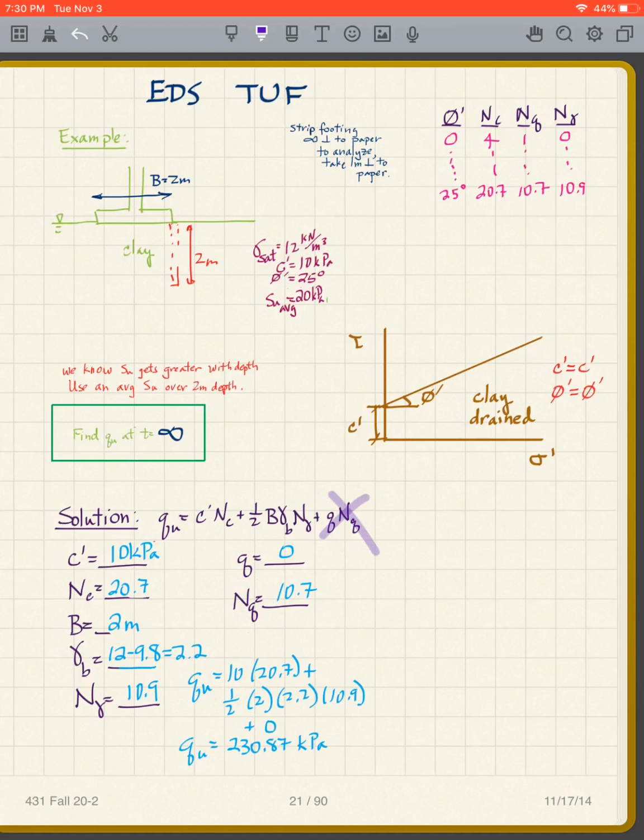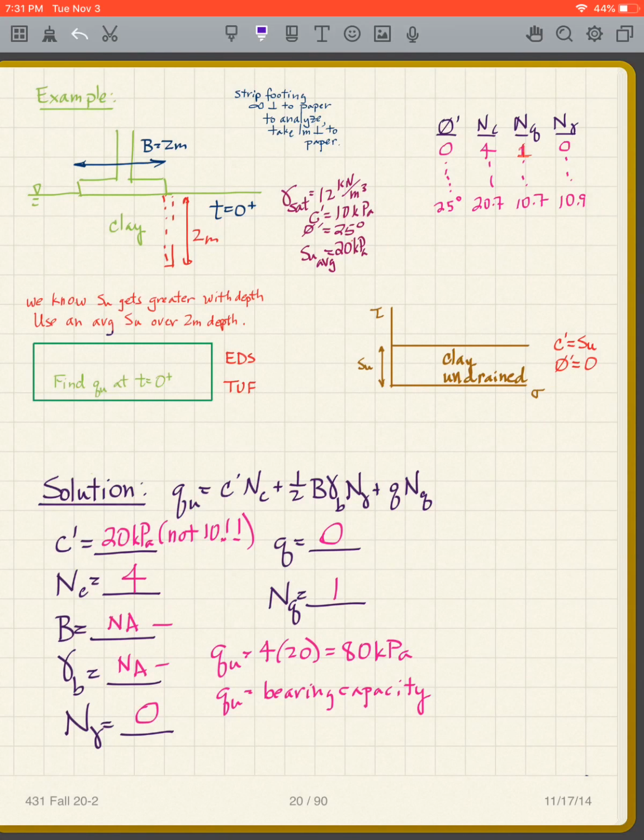We multiply those two, and we take 1/2, multiply those two out, and those three out, and plug everything in, and I get my value of bearing capacity of 230.87, 230 basically. So notice I can compare that numbers, 230.87, let's call it 230, and this one's 80.